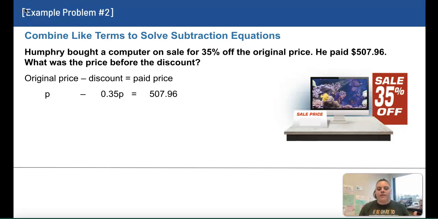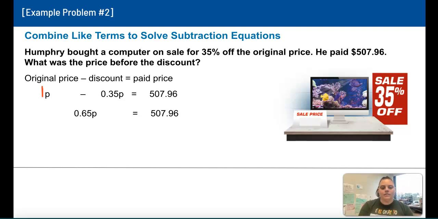When we subtract that off, we end up getting $507.96. Now we can simplify the left side of this equation where 1p or 100% of the price minus the discount is going to end up being 0.65. So remember that there is a nice little 1 here, and so it's 1 minus 0.35, and you get 0.65.